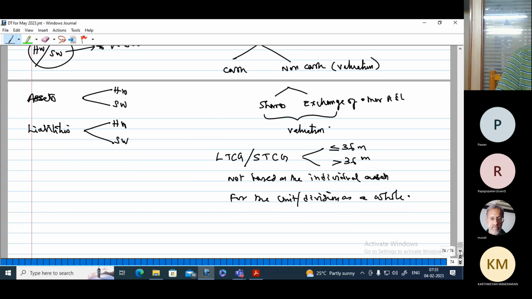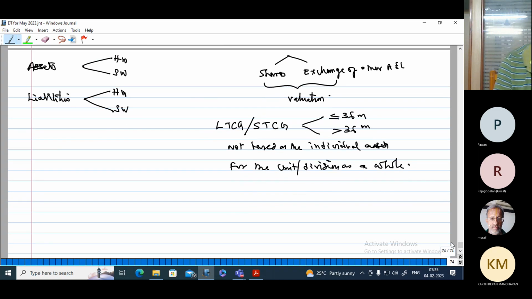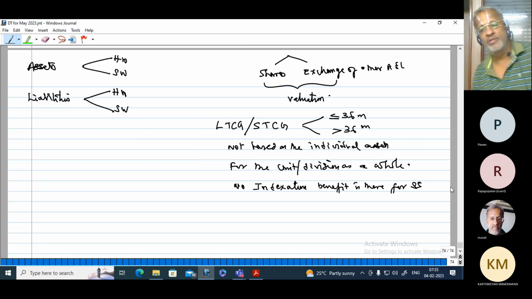So therefore, when they give this sort of clarity, one more clarity also they bring out. What is that? No indexation for slump sale. No indexation benefit is there for slump sale.